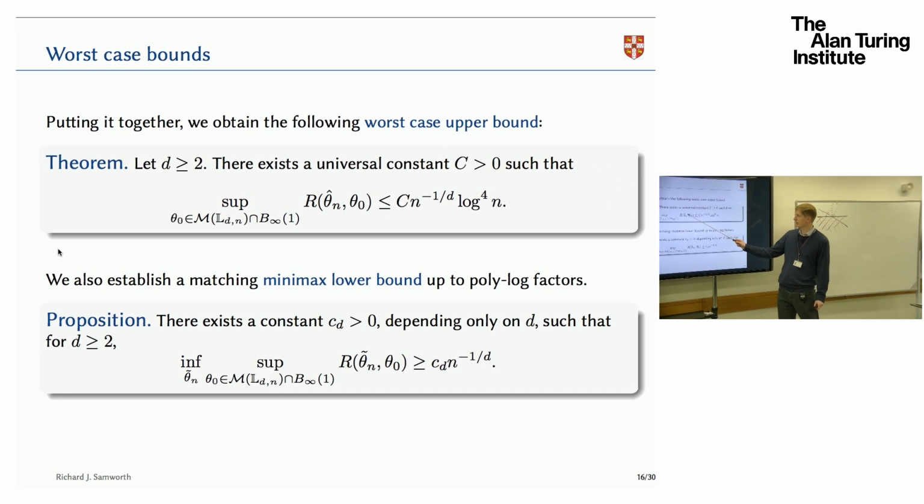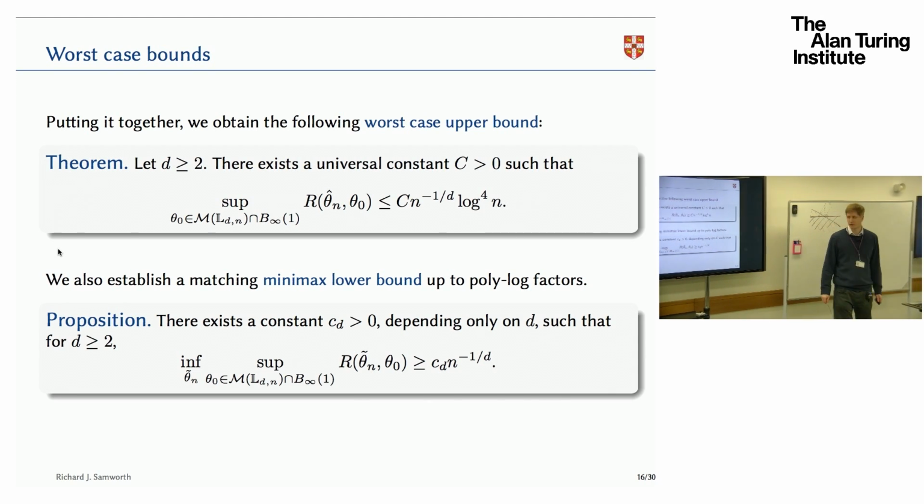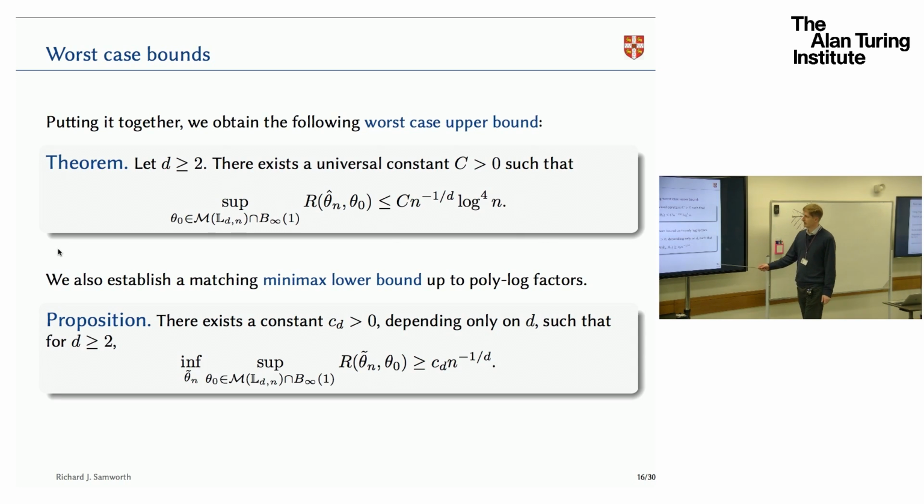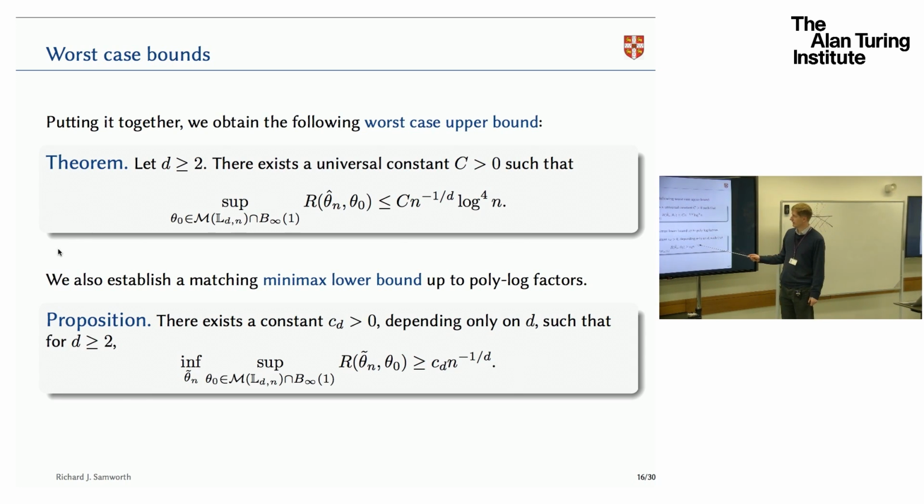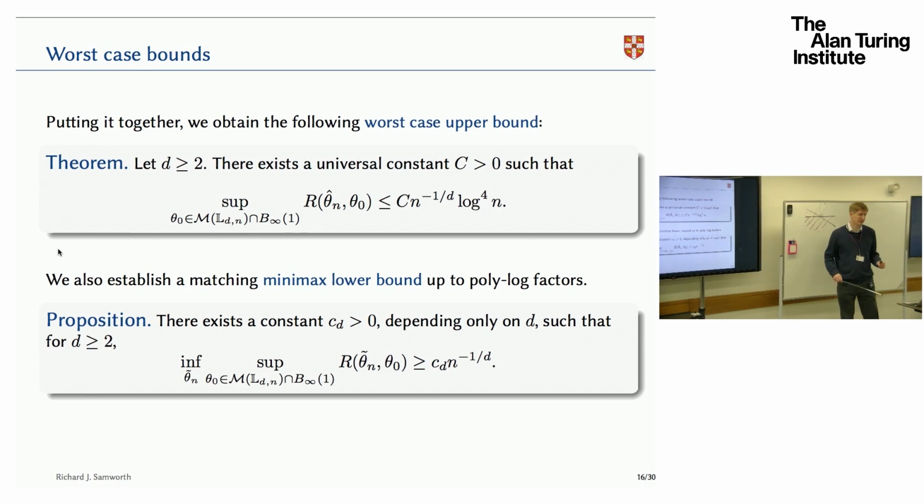So here I was looking at the risk of a particular estimator, the least squares estimator, and here this is saying the best any estimator could do, if I take an infimum over all estimators, is not much better. It's a lower bound, of course, so it's got to be smaller than this one, and it gets rid of the logarithmic factor. But other than that, we've got the same bound there. Okay, so to a statistician, that's sort of solving the problem.